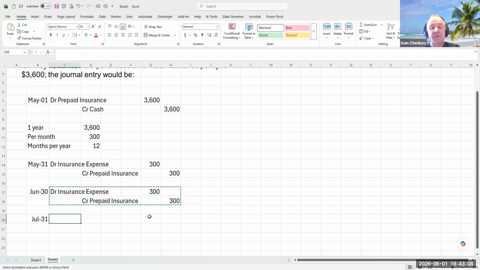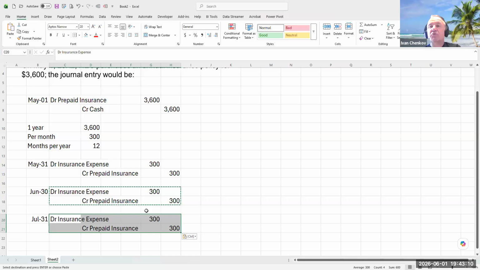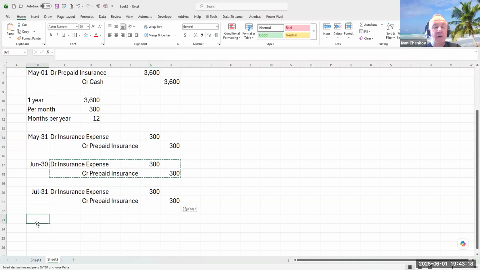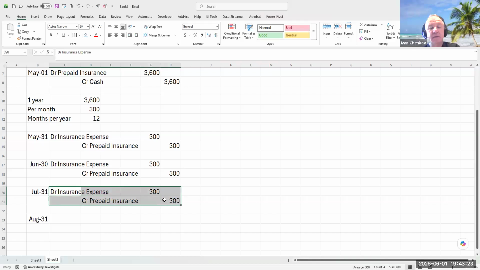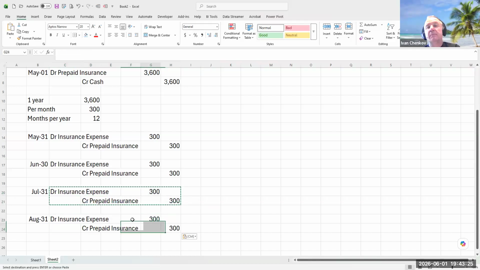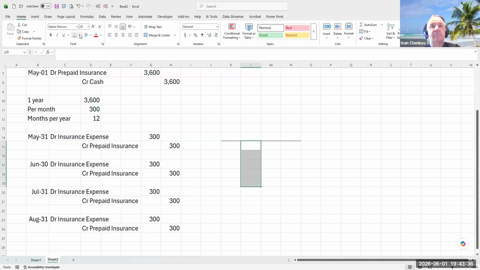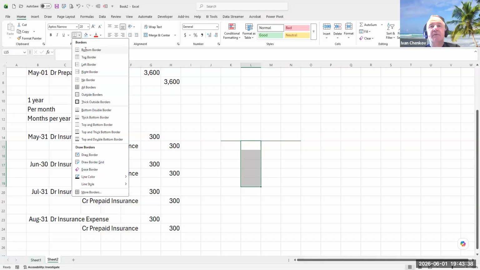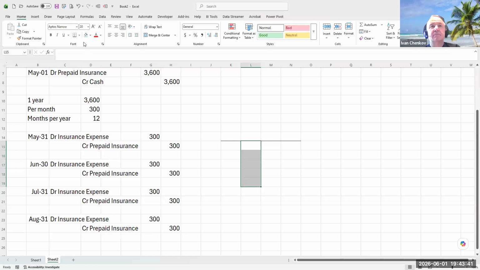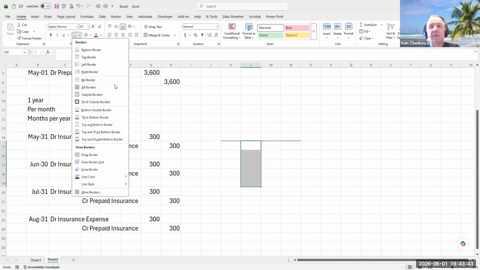How is this entry going to change month to month? It's not going to change. How is the amount going to change? Never going to change. Let's pretend now we are at August 31st, and we did this entry. Now the question is, if I have to open the T accounts, I'm going to have T accounts for prepaid insurance. What kind of account is that? That's an asset account, correct?